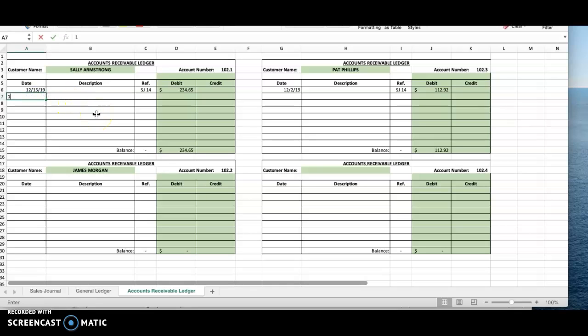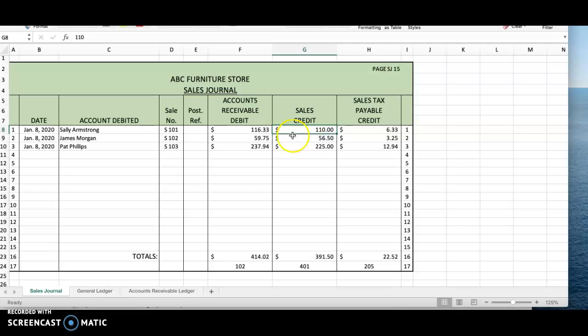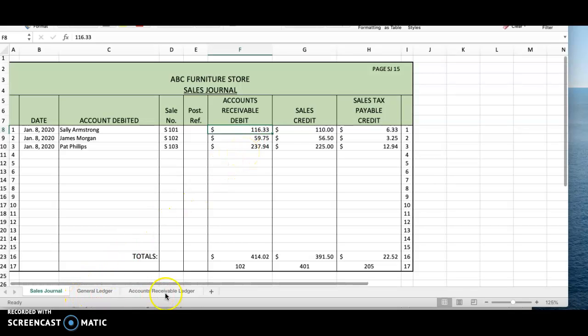We're adding to it now. And the posting is done same as it always is done in the general ledger. The amount that she owes us is not the sale amount, it's the total amount including sales tax. She will have to pay us the sales amount plus the sales tax, $116.33.